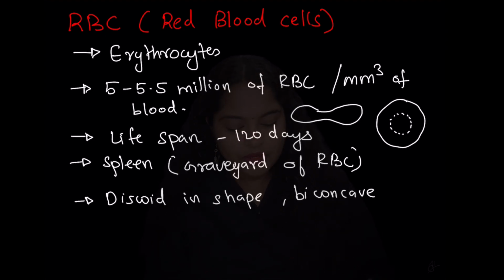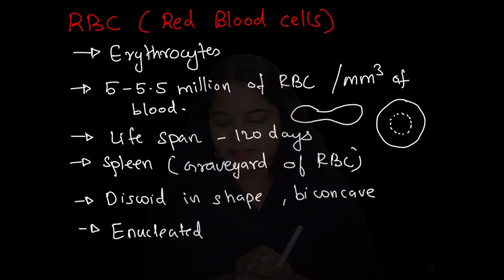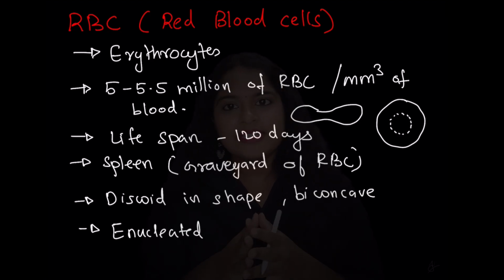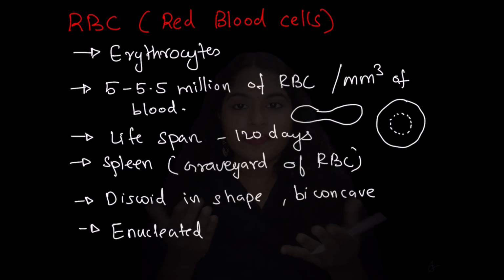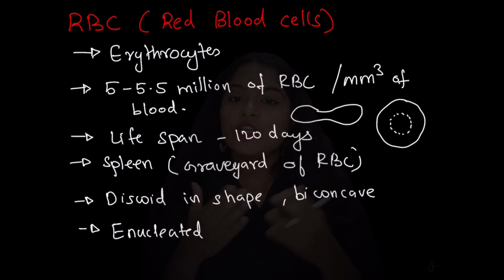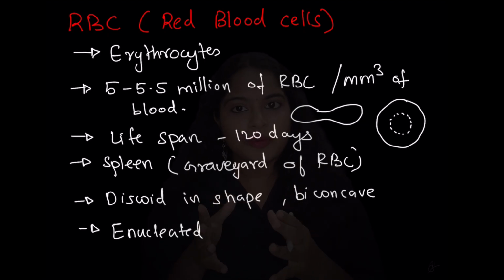Why is it so? Because it does not have a nucleus. That is, it is enucleated, devoid of nucleus. So in the early stage, when these RBCs were produced, they had a nucleus. But after maturation, these RBCs lose their nucleus so that they can do their function, which is to transport oxygen.